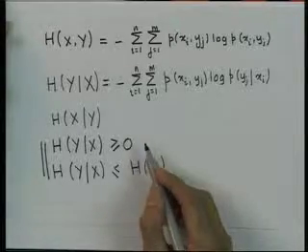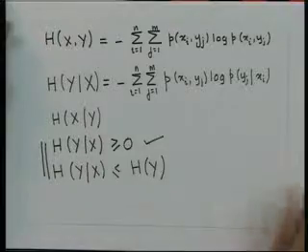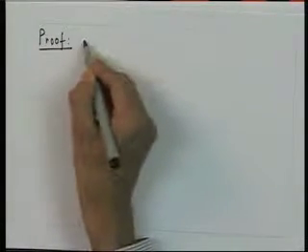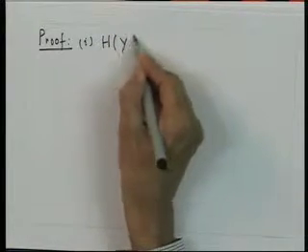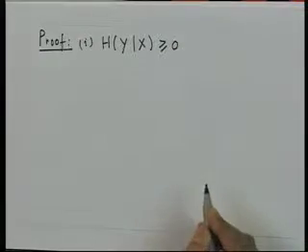Let us try to prove these two properties. To prove the first property is not very difficult. Proof: we have to prove h of y given x is always greater than or equal to 0.